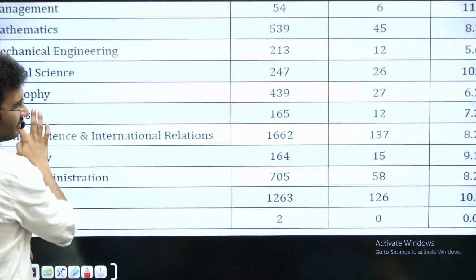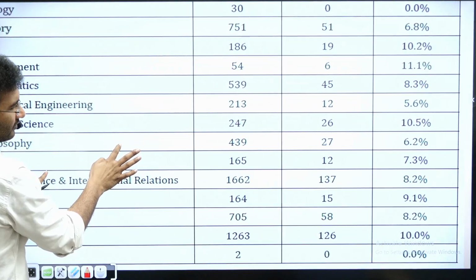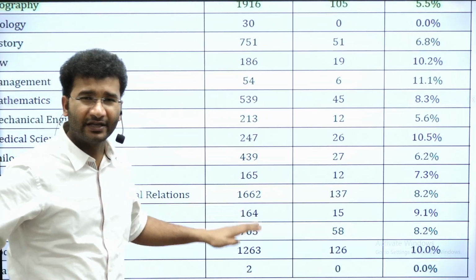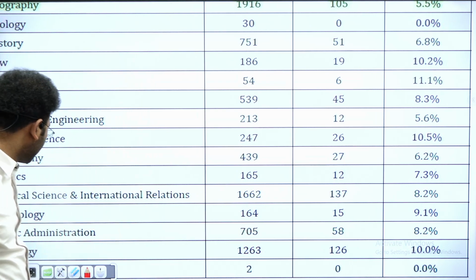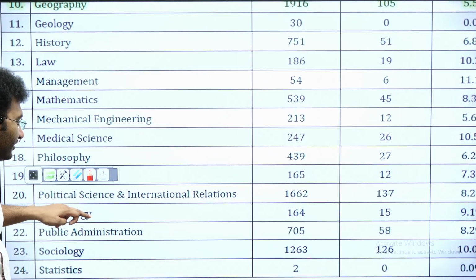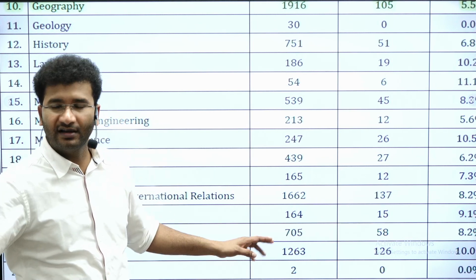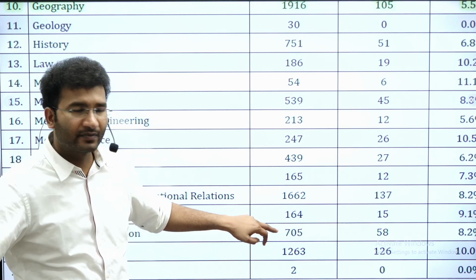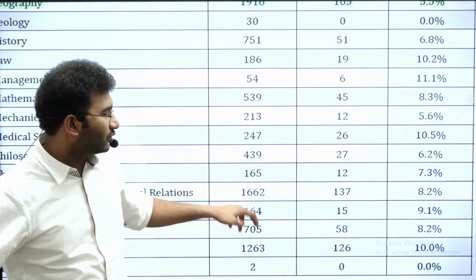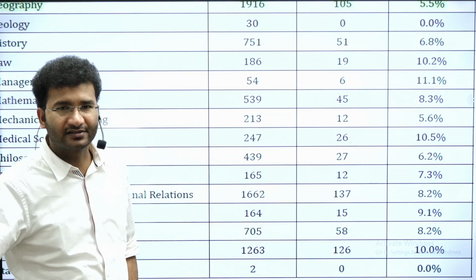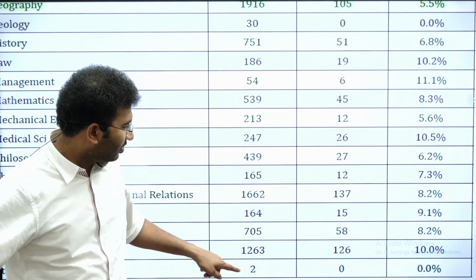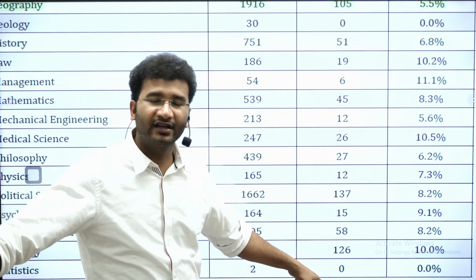Success rate is calculated on the basis of a particular number of students appearing in the mains. Imagine there is a subject called statistics in the year 2019. Only 2 students have cleared their prelims, whoever have appeared. Out of that, no student had made it to the final list. Imagine that out of these 2, even 1 person makes it to the list.